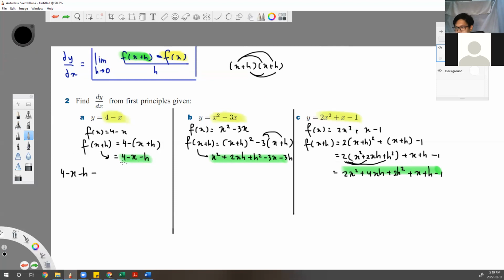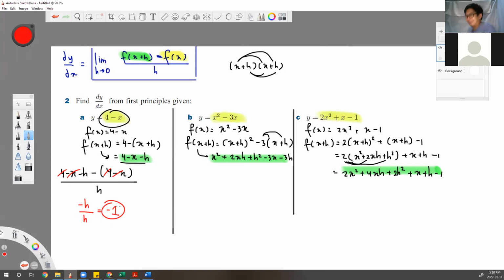Then subtract bracket, yellow, 4 minus x, over h. Then 4 minus 4, you can cross it out. Then negative x minus minus, so plus, again cross it out. So the answer will be negative h over h, so it is negative 1. That's it, and that's simple.